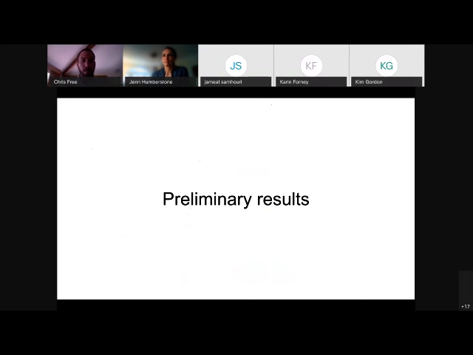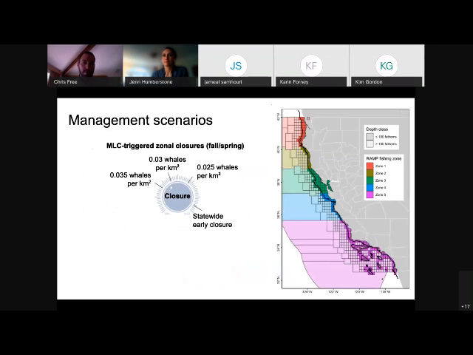So in this presentation, I've selected a couple of different management scenarios for us to look at. The very first is the closure of a zone based on a survey in the fall or spring that determines that the density of whales throughout that zone is above a specified threshold. We're going to look at 3 different thresholds for triggering those zonal closures.